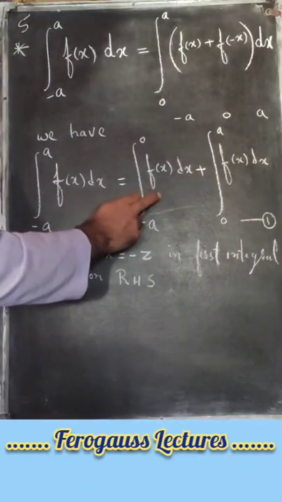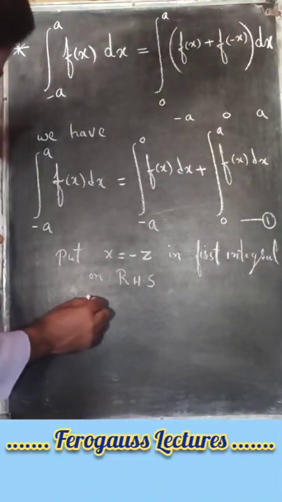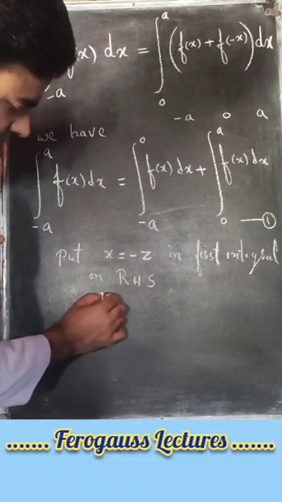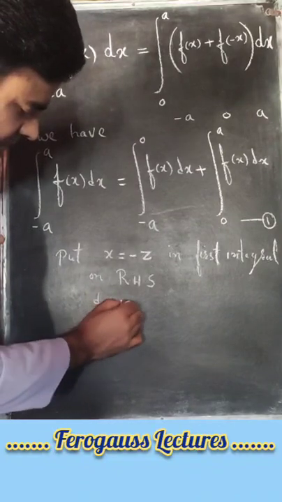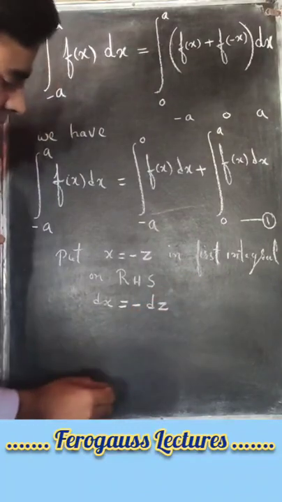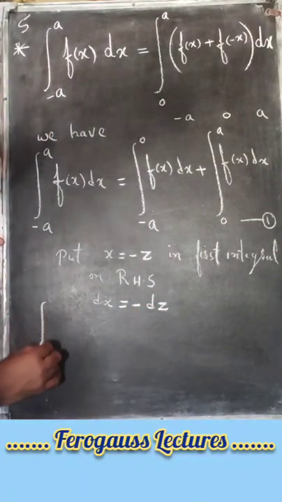Now in this integral we put x equal to -z, so when x is equal to -z, dx is equal to -dz.